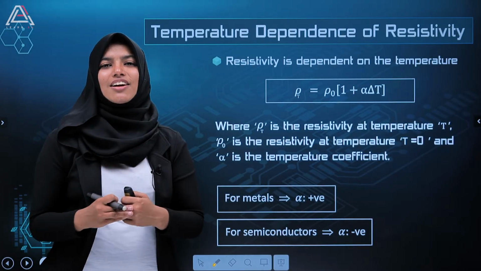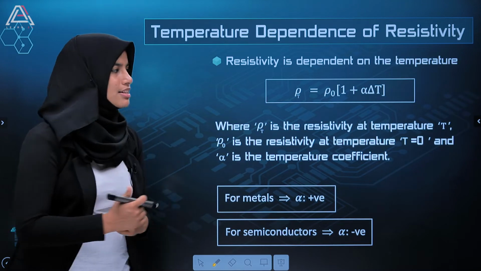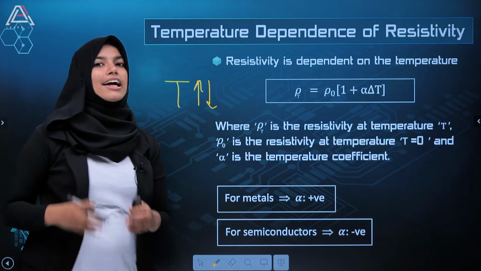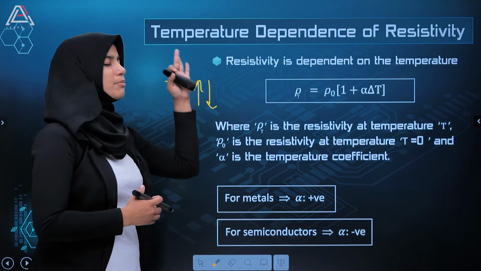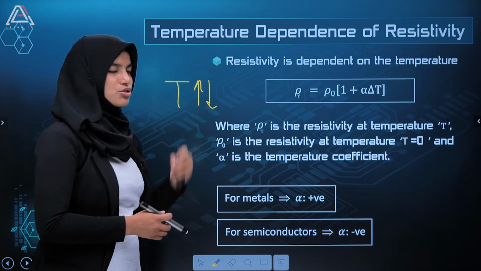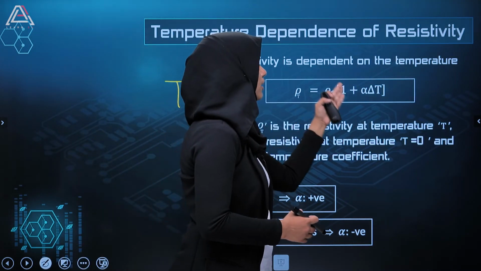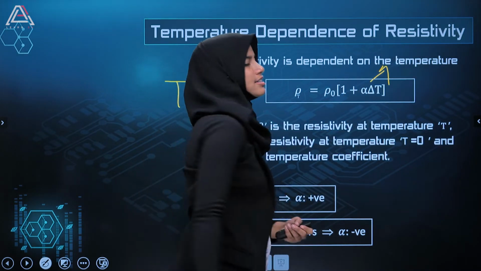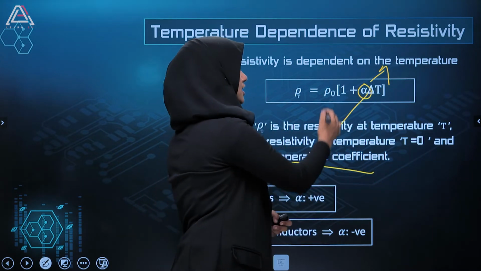The resistivity of a material is dependent on its temperature. That means if temperature is increased or decreased, it will affect the resistance of a material. This is represented by a mathematical equation as shown: rho T is equal to rho 0 into (1 plus alpha into delta T). Delta T represents the temperature difference that is obtained. Alpha represents the temperature coefficient.